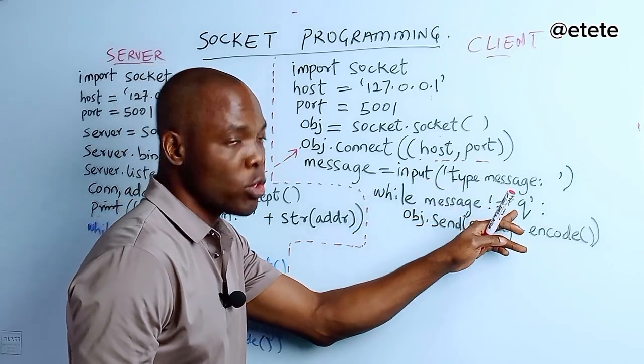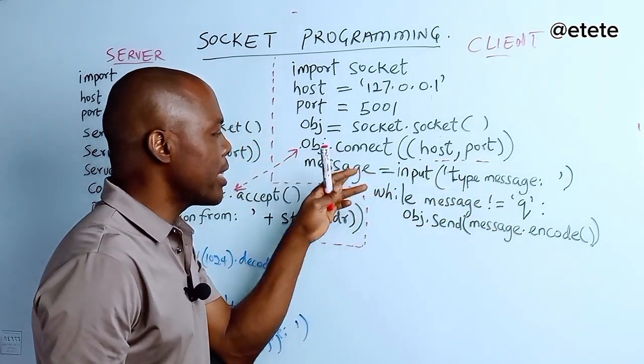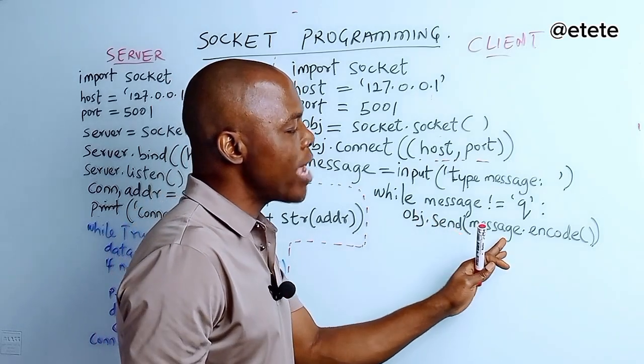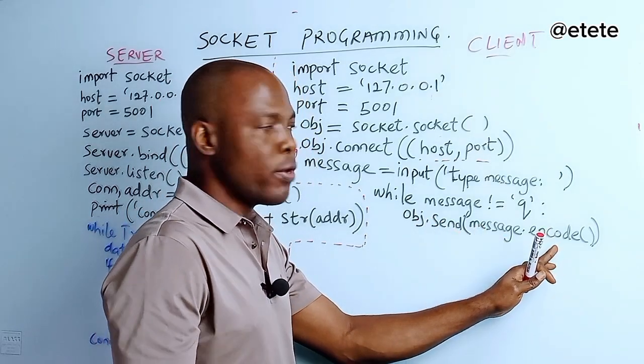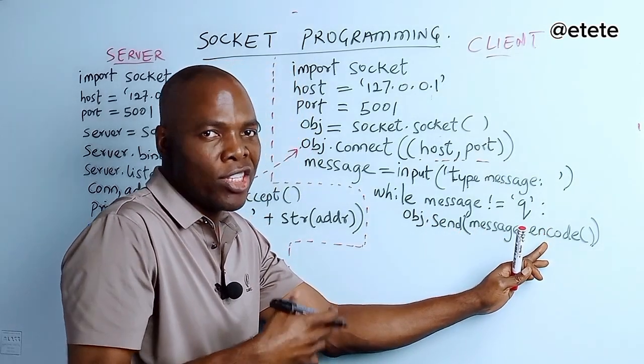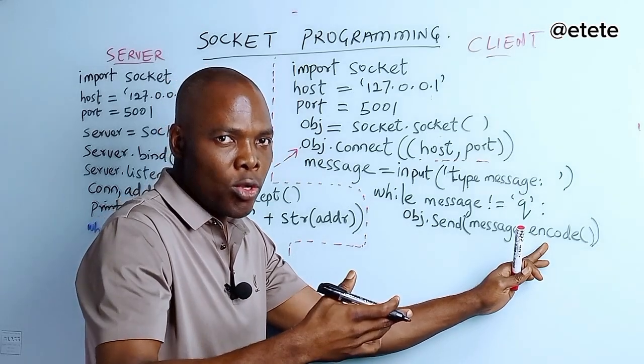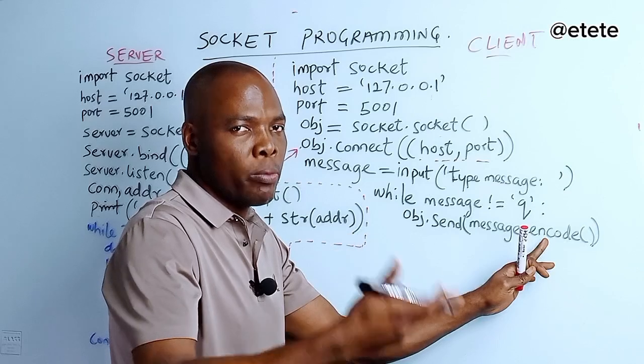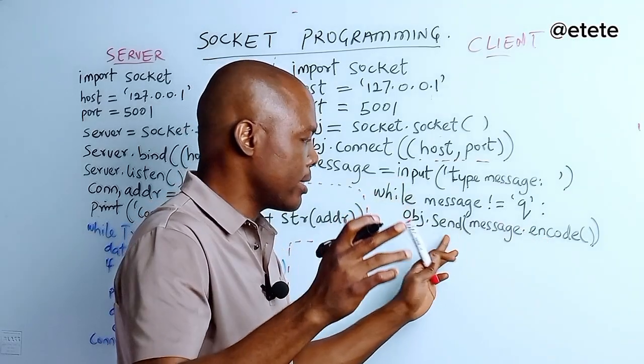So while message not equals to Q, it will take that message and give it to the send method. But this send method will hand over that message to the encode, because what you are typing is a string literal, and that string literal cannot go that way. So the encode method is going to convert that string literal to what? To bytes, and then send it.